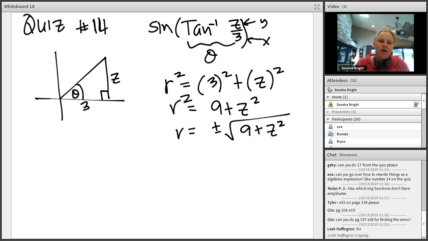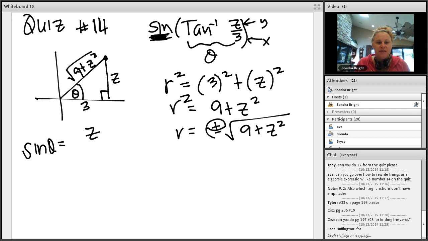But r is the hypotenuse, so it truly is the distance from the origin to this point, and so it is always positive. Your hypotenuse is the square root of 9 plus z squared. And then we want sine of this angle.